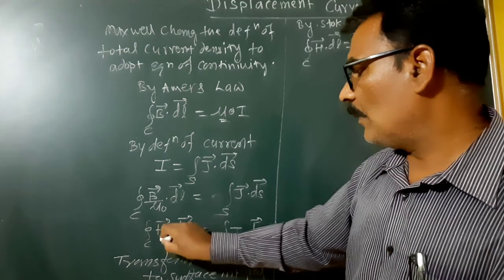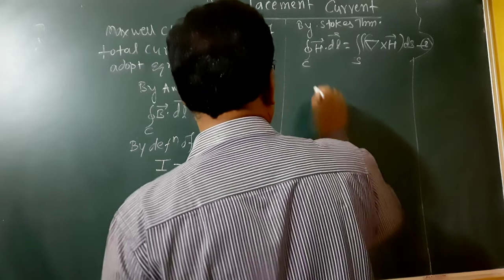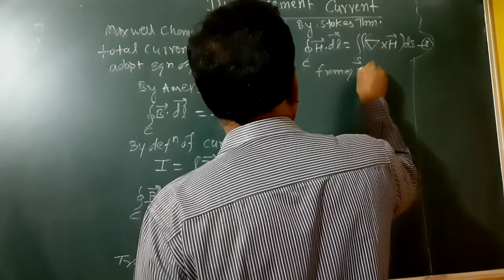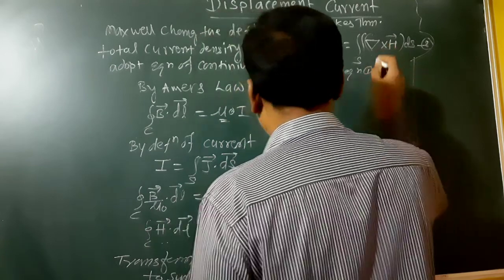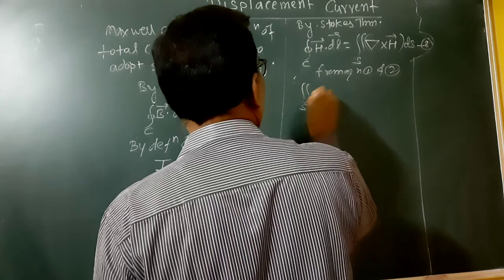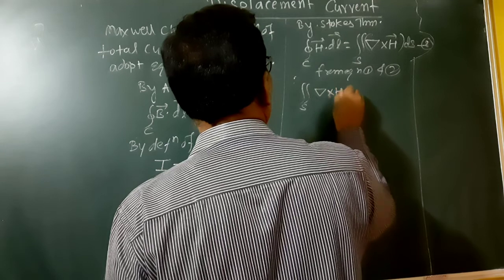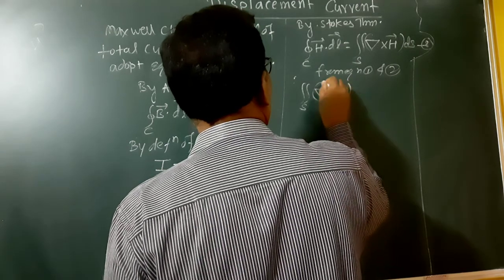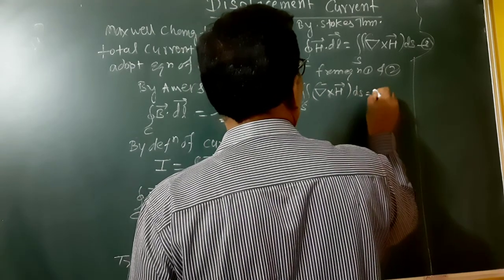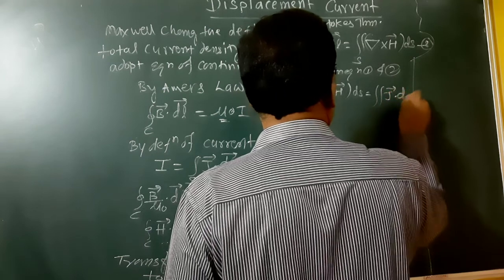Equating the two equations, we get the surface integration of curl of H bar into ds bar is equal to the surface integration of J bar dot ds bar.